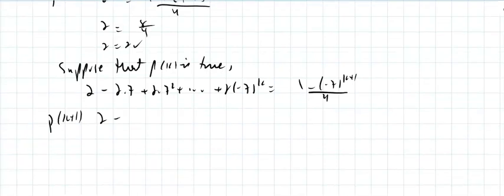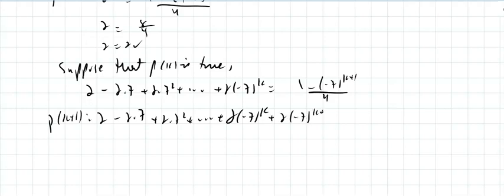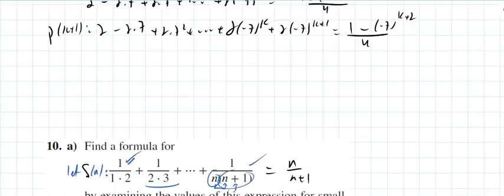Well, that's exactly what you see. Two times negative 7 to the k. The next term is 2 times negative 7 to the k plus 1. And that should equal 1 minus negative 7 to the power, replacing k by k plus 1, that's k plus 2, over 4.